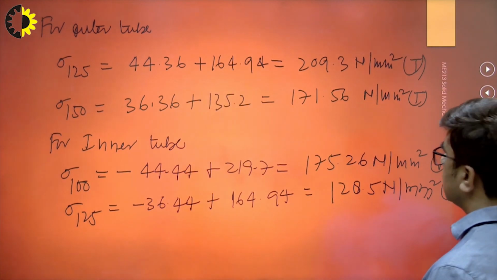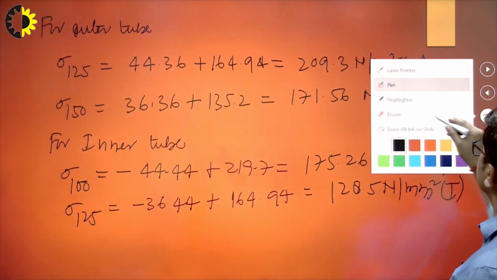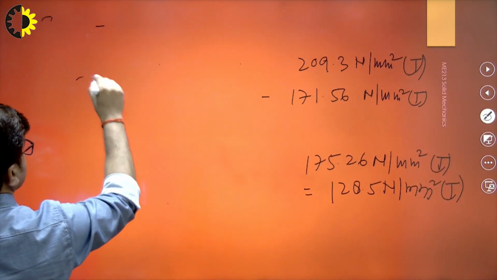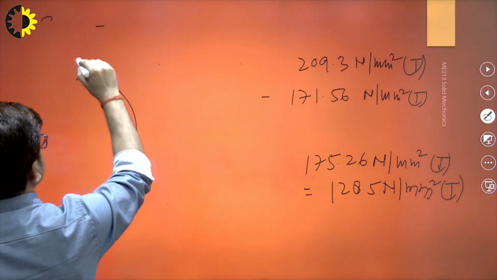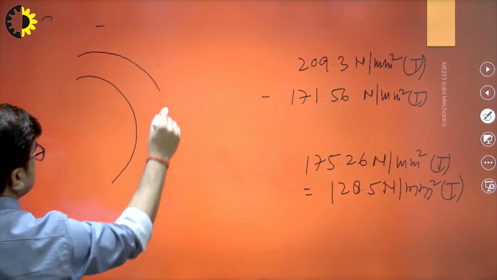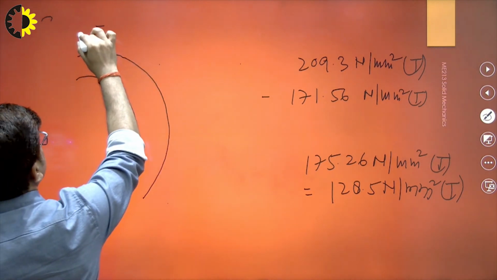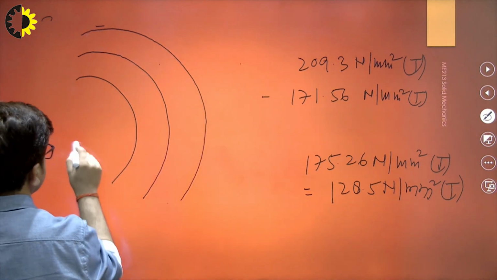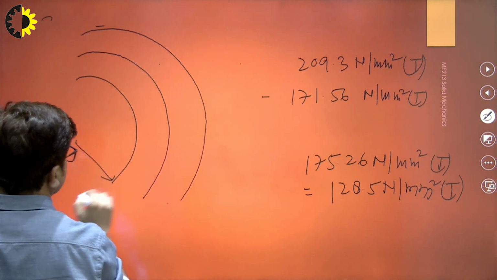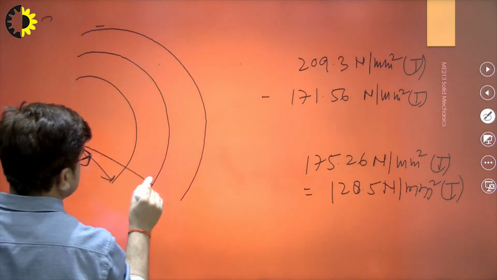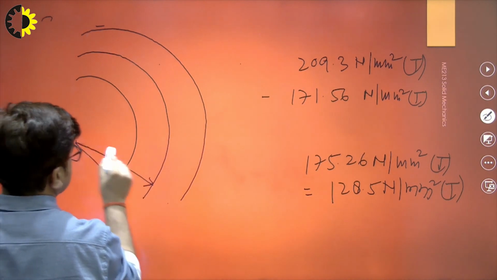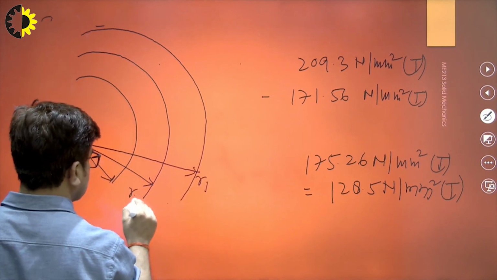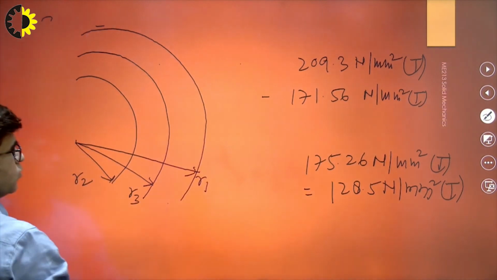So I am going to plot these variations. This is the inner radius, this is the junction radius, and this is the outer radius. So this is R1, this is R3, and this is R2.